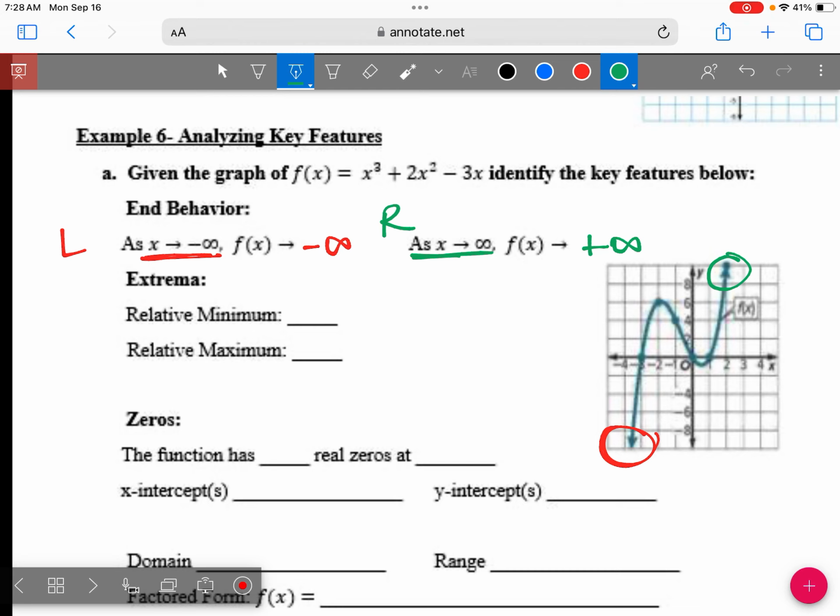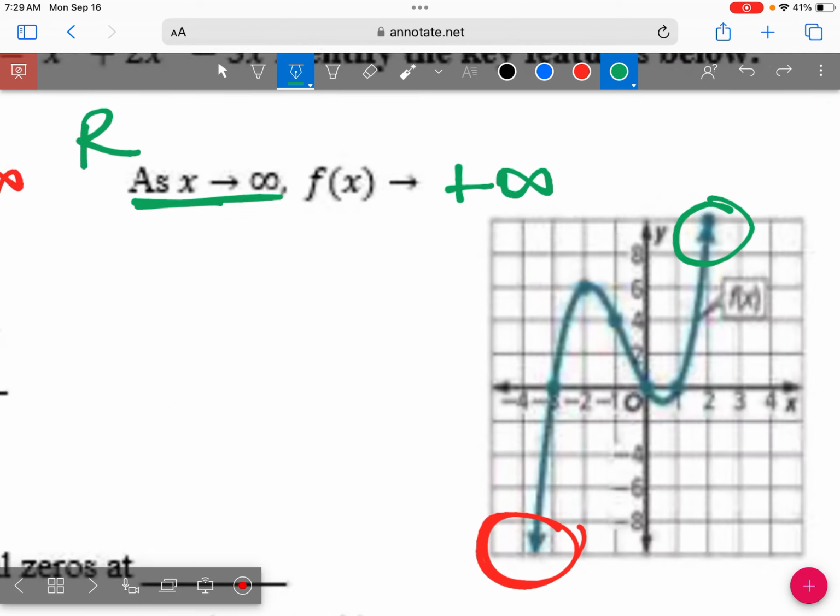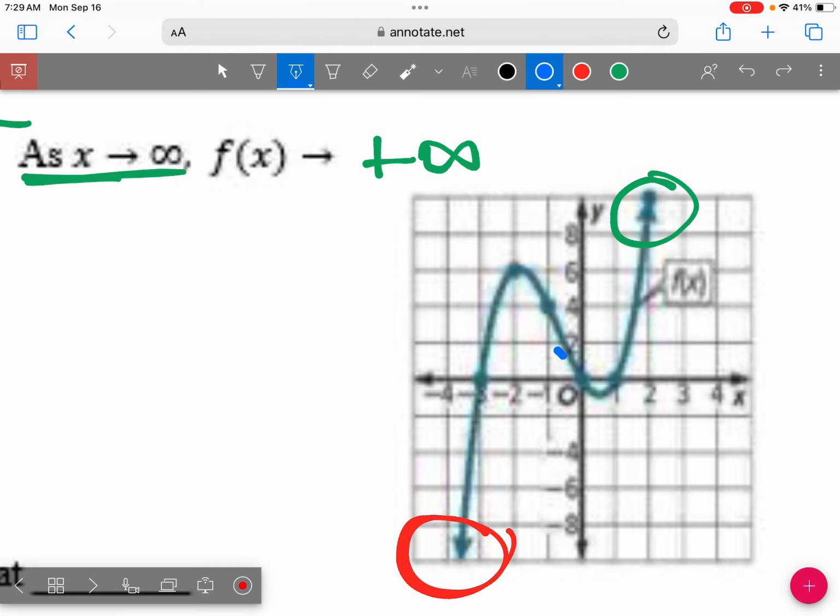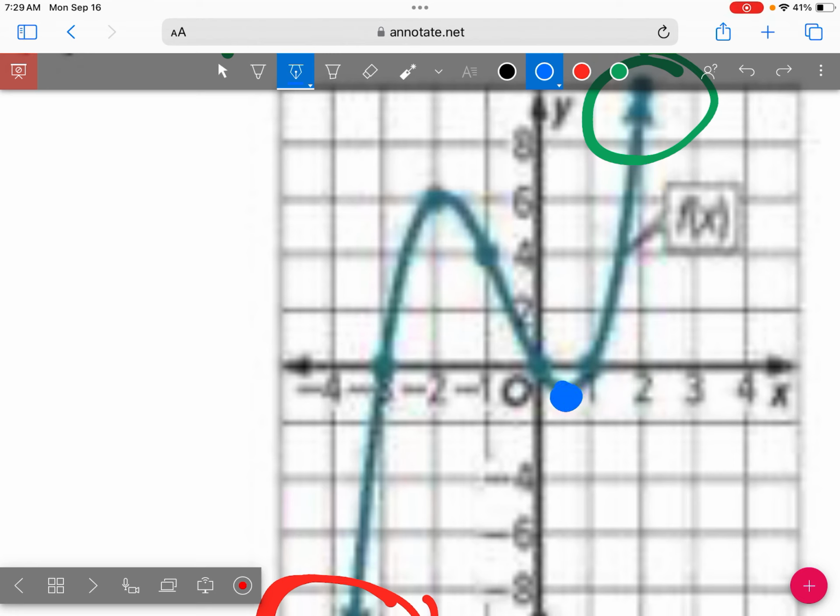So relative minimum, we don't have a minimum or a maximum because it's odd degrees. But we do have a relative minimum where you see a frown, so that would be right here. That's my relative min. So right here is my relative min. Let me go ahead and label that. That looks like it's about 0.5, 0.5.